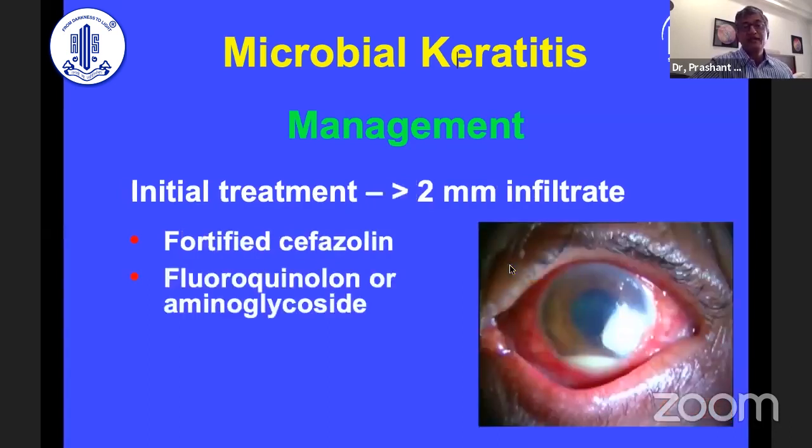However, if you are treating a severe corneal ulcer, then probably it will be appropriate to start treatment with fortified antibiotics, which cover both gram-positive and gram-negative, and therefore the recommendation was to combine fortified cefazolin with fortified aminoglycosides, or you can choose first generation fluoroquinolone because they still preserve good activity against gram-negative organisms.